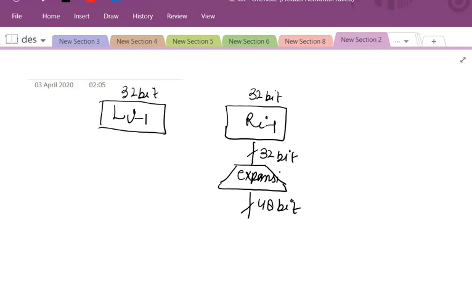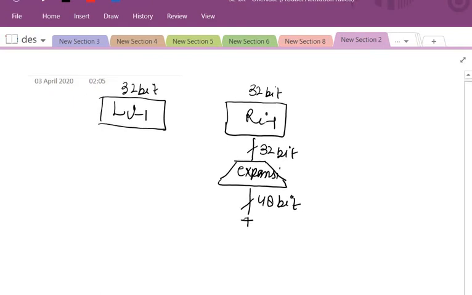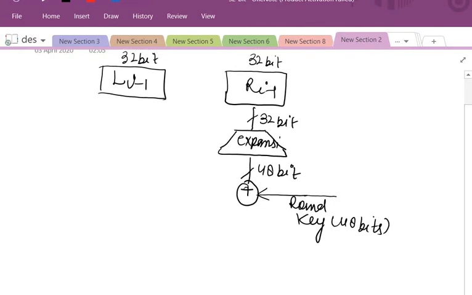In the next procedure we have to perform the XOR function, meaning the whitener function, with the round key. The round key has 48 bits, so we have to expand our 32-bit input into 48 bits.